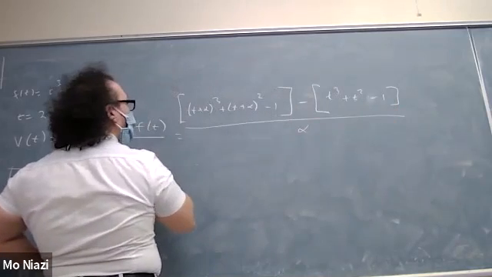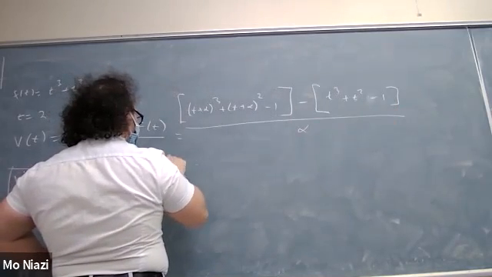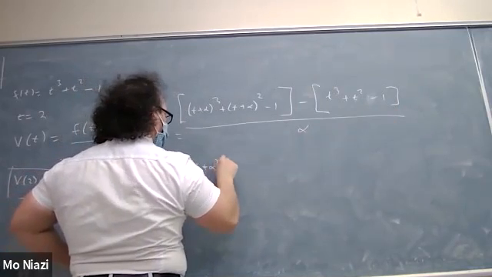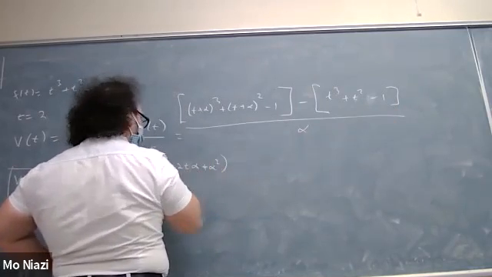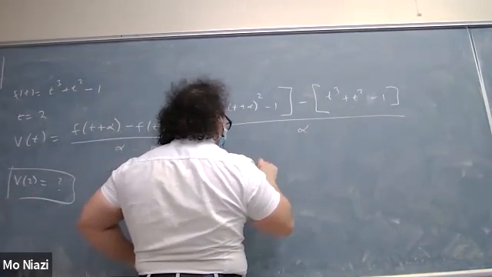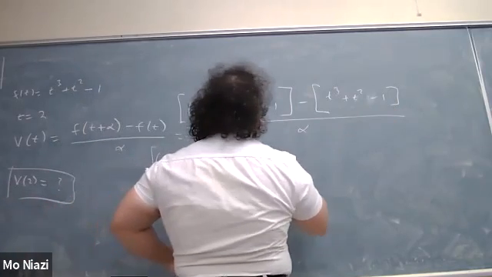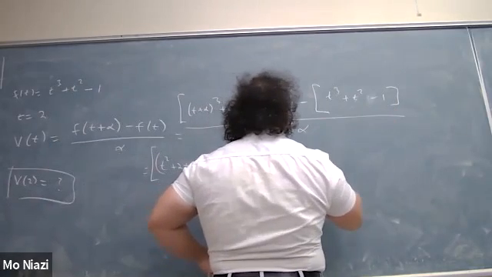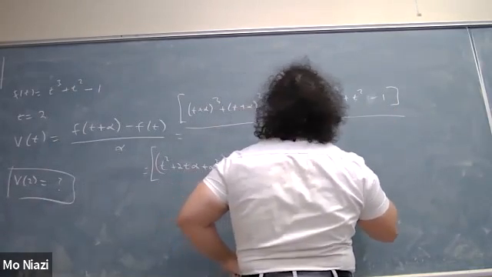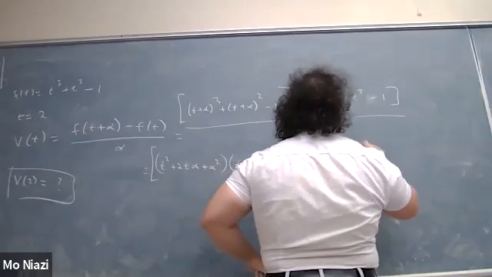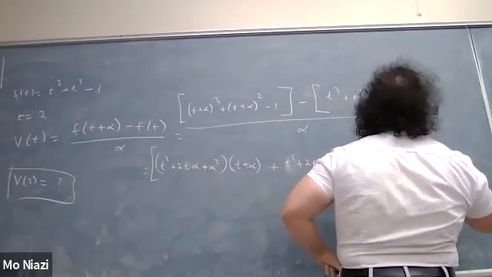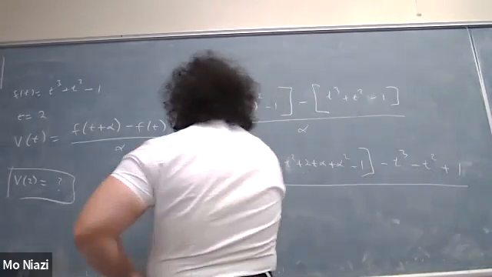So this ends up becoming t squared plus 2t alpha plus alpha squared times t plus alpha, plus t squared plus 2t alpha plus alpha squared minus 1, minus your t cubed minus your t squared plus 1, everything over your alpha.